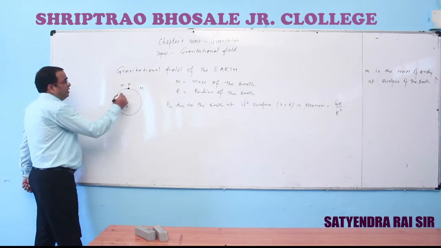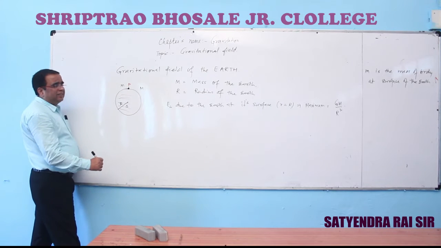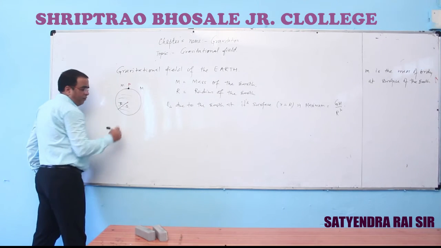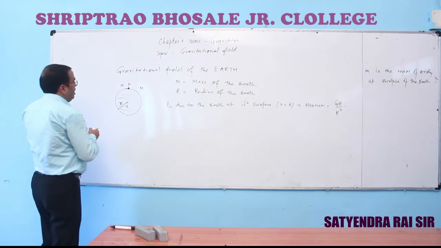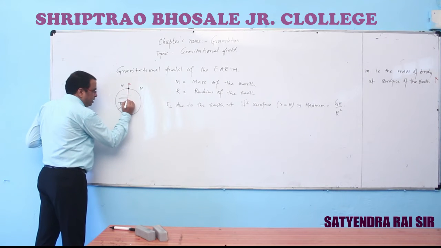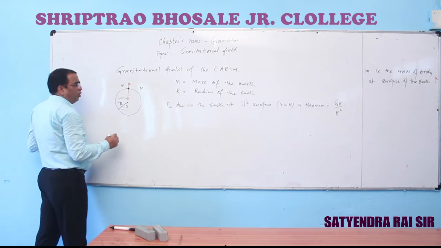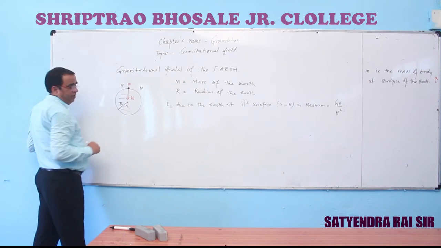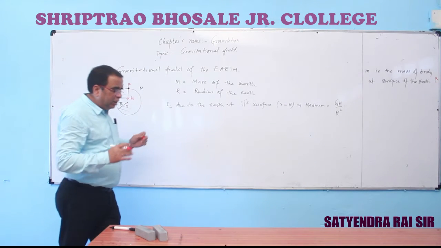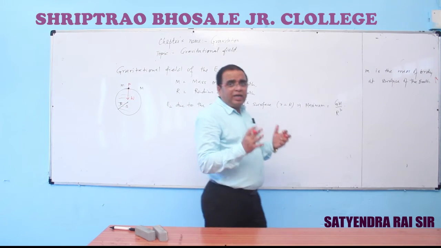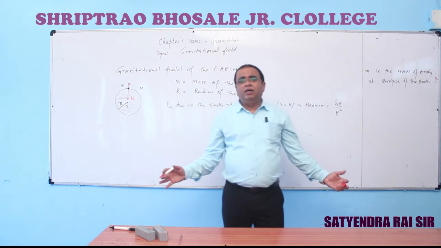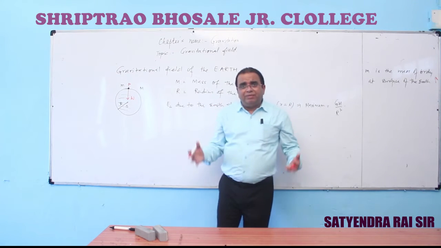So, when the body of mass small m is placed at the surface, there must be a force of gravity acting on it, and the force of gravity acts towards the center. And that force of gravity, what we call the weight of the body. This force of gravity, the force by which earth attracts anything towards its center, is known as force of gravity.